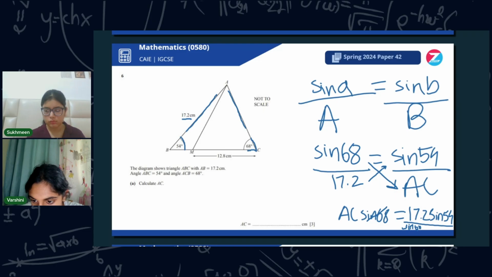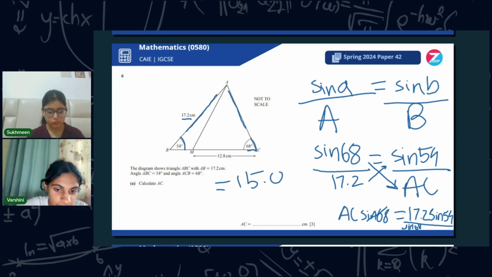So now just put this in your calculator: 17.2 into sine 54 divided by sine 68. And you should get something around 15.01. Remember, we need to write it in 3 significant figures. So we're just going to write AC as 15.0.